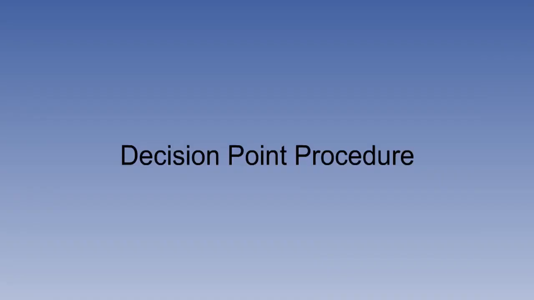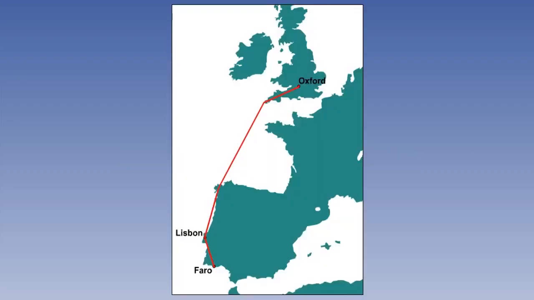The decision point procedure is a special case whereby the fuel load may be reduced in order to increase the payload. Consider a flight from Oxford to Faro with a possible en route diversion at Lisbon. The fuel load, excluding the fuel for ground handling, is calculated in the following manner.